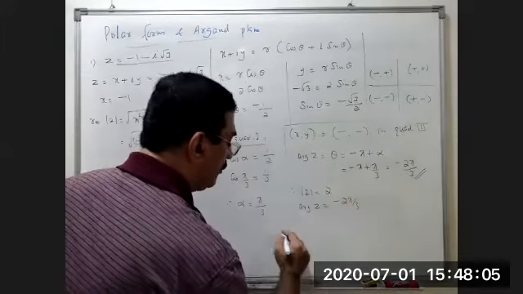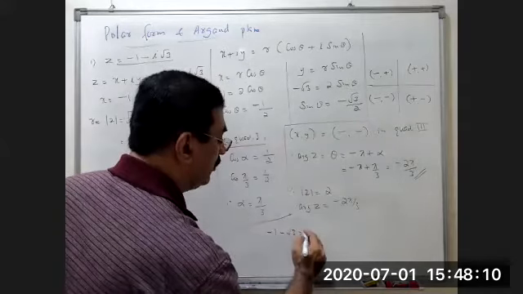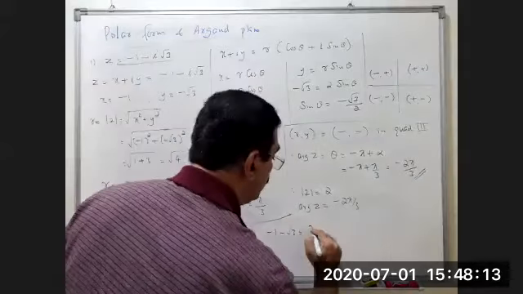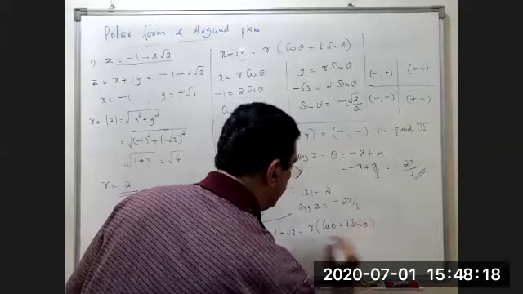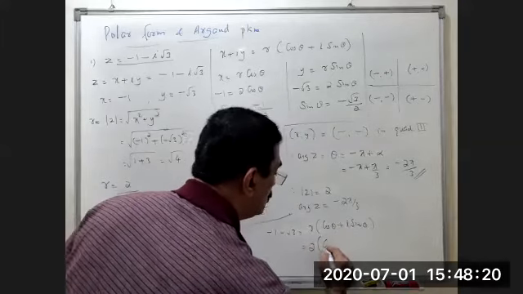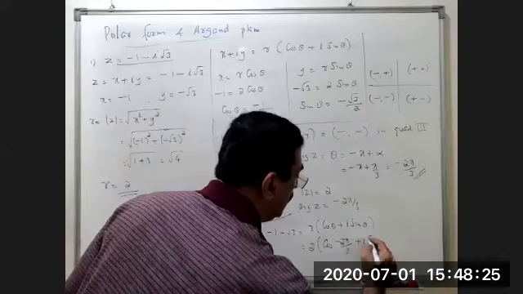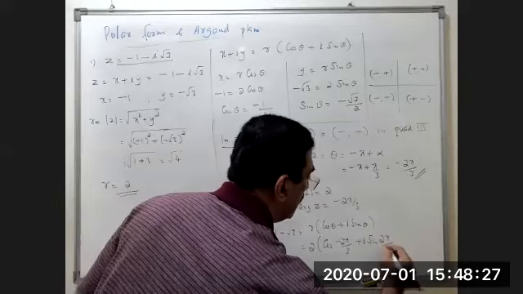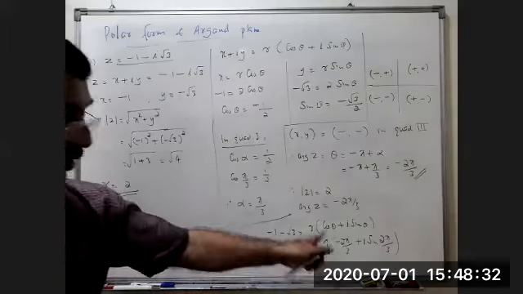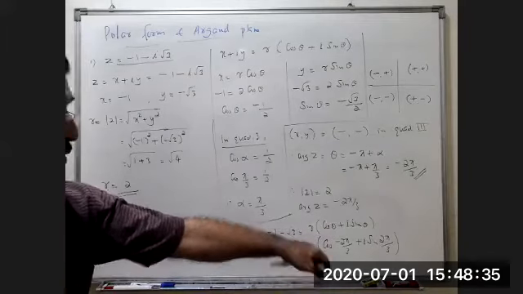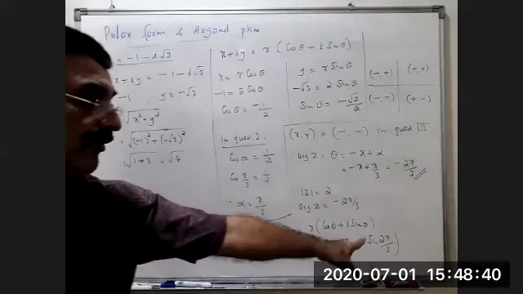So minus 1 minus root 3 i is r into cos theta plus i sin theta, which becomes 2 into cos minus 2 pi by 3 plus i sin minus 2 pi by 3. This is called the polar form. The polar form of this complex number is 2 into cos minus 2 pi by 3 plus i sin minus 2 pi by 3.